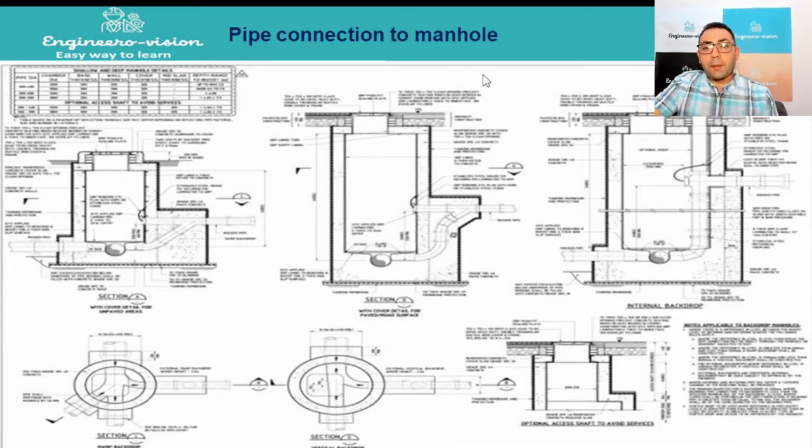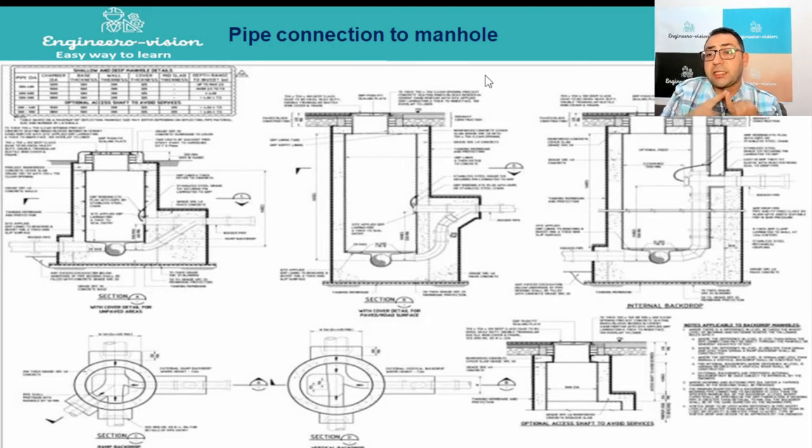Now we'll go to the pipe connection to the manhole. There are three kinds of connection to the manhole. There is a straight connection, and there is a backdrop connection. For the backdrop connection, there are three kinds: ram backdrop, vertical backdrop, and internal backdrop. When shall we go for a straight connection?